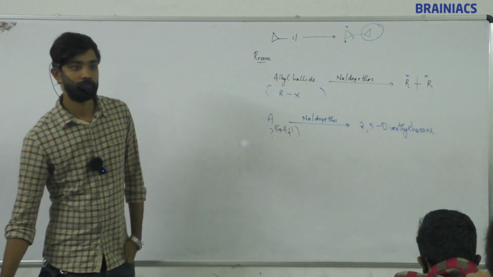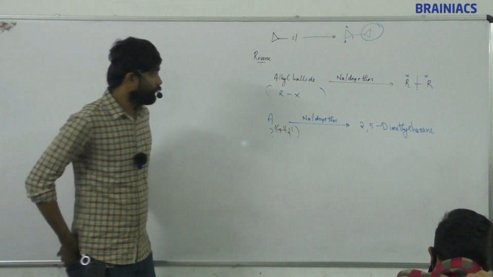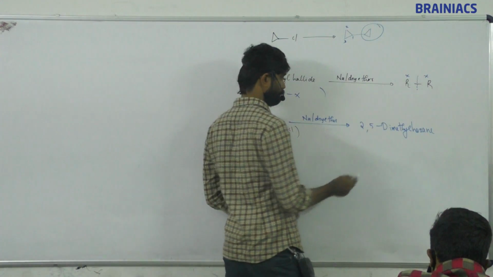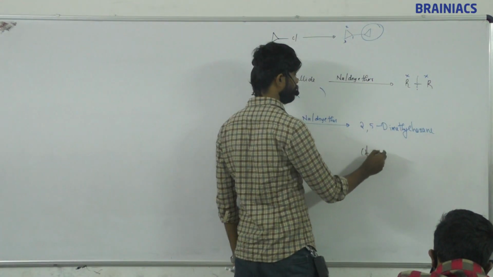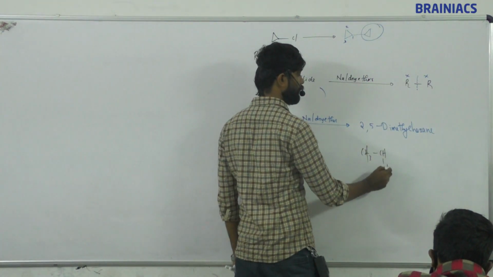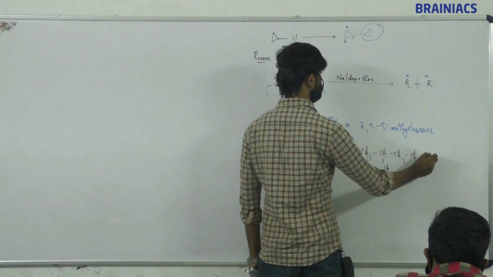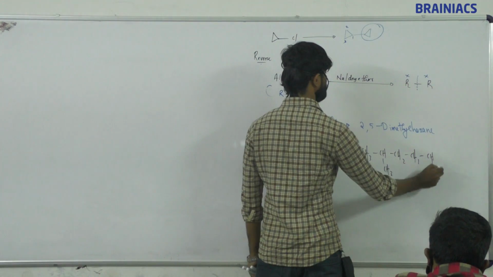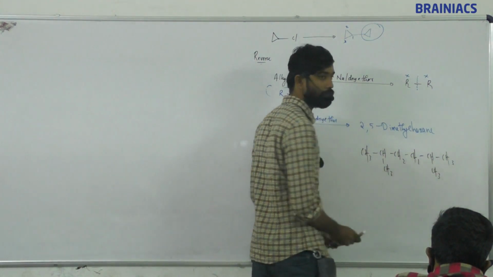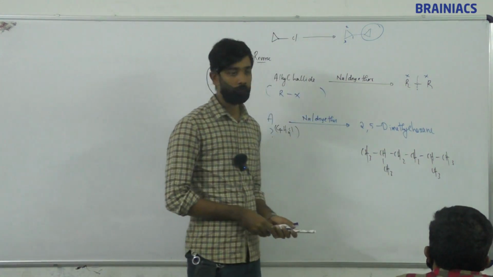Okay, you got the product, 2,5-dimethylhexane, in bond line or condensed form, whatever it may be, that's up to you. So CH3, CH, CH3, CH2, CH2, CH, CH3, CH3. This is the molecule. Ready?